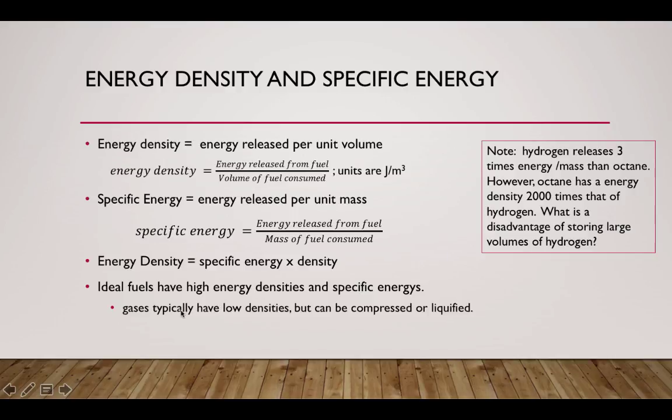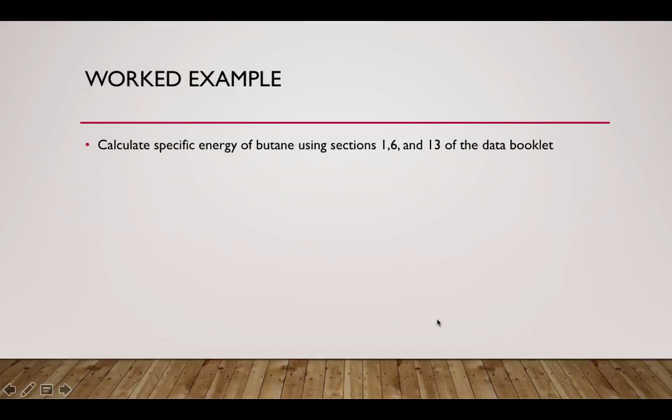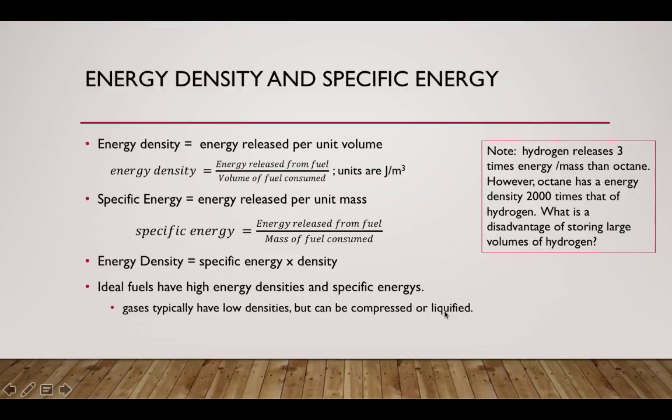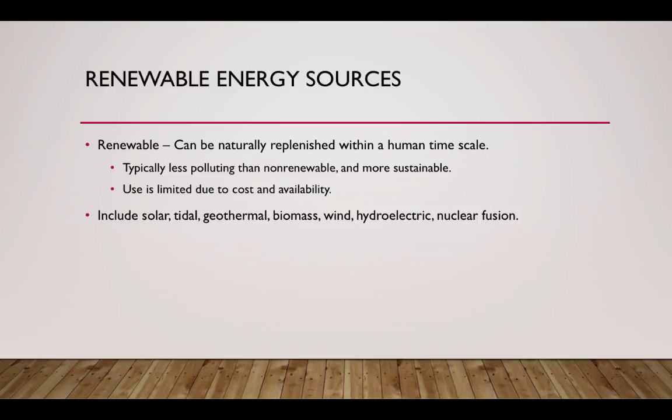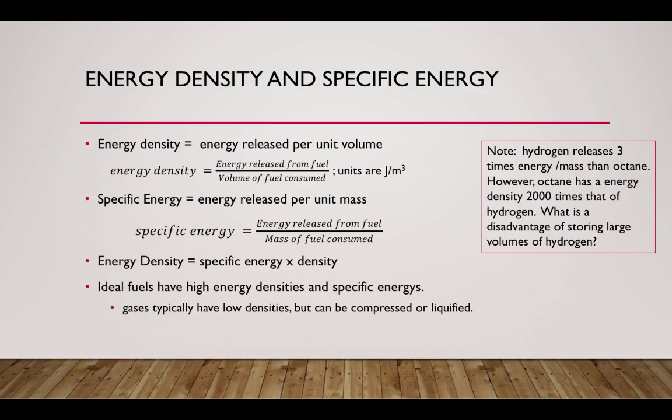Okay. Keeping that in mind, gases typically have low densities. You can improve upon that by compressing them or liquefying them, but that might also create other problems. Okay, and if we look at this side note, hydrogen releases 3 times the energy per mass than octane.